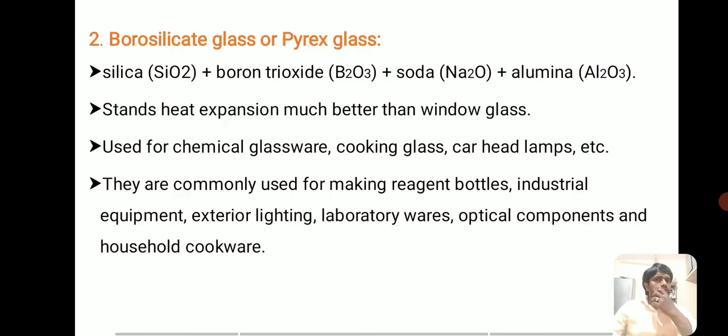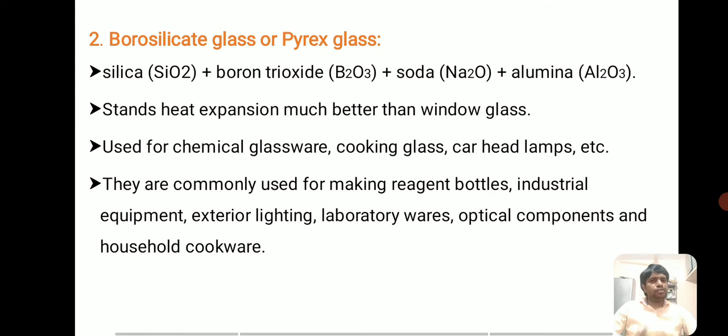Next one is borosilicate glass or Pyrex glass. The raw materials are silica, boron trioxide, soda, that is Na2O, and alumina. This glass has heat expansion much better than the previous one, that is soda glass or window glass.